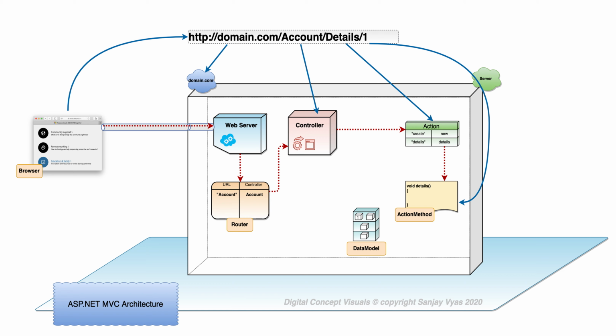So the action method loads this data model, picks up the data that it needs to manipulate, and then generates a view of the result. A view object is basically what the browser is eventually going to see.